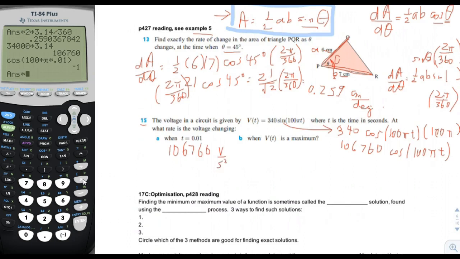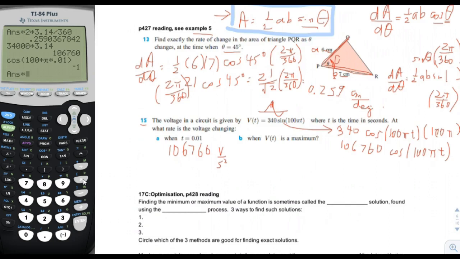And then, what rate is the voltage changing when V of t is maximum? Well, V of t is a sine wave, right? So it's maximum at this point here, when sine attains a value of 1, which would be at pi over 2, right?